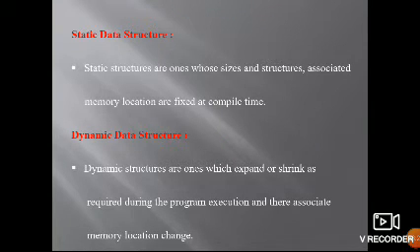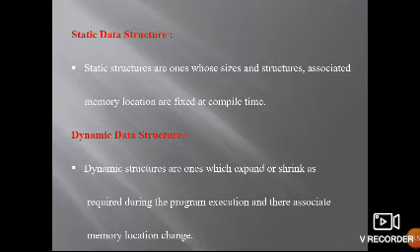Static data structures: the size and memory allocation must be specified before compiling and executing the program. That is fixed, we cannot change it. So that is a static data structure. In dynamic data structures, you can give the memory at runtime.